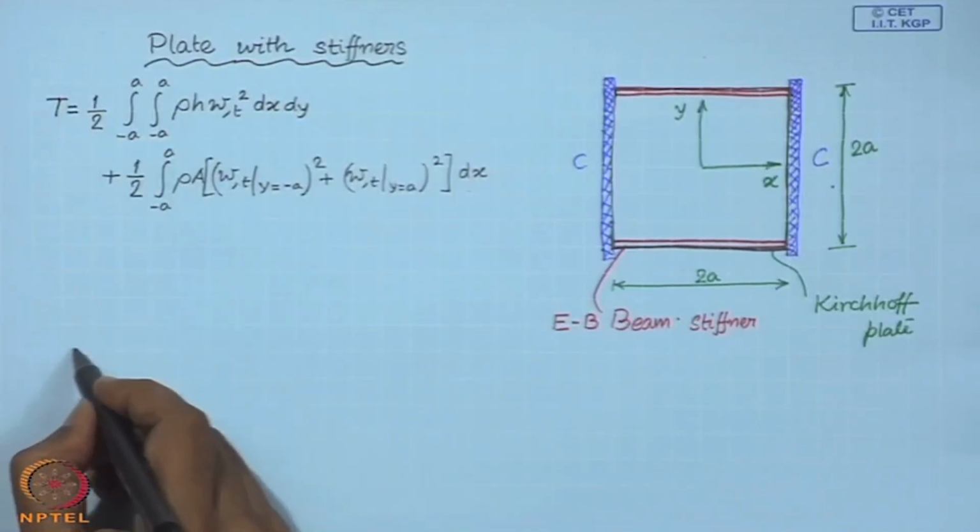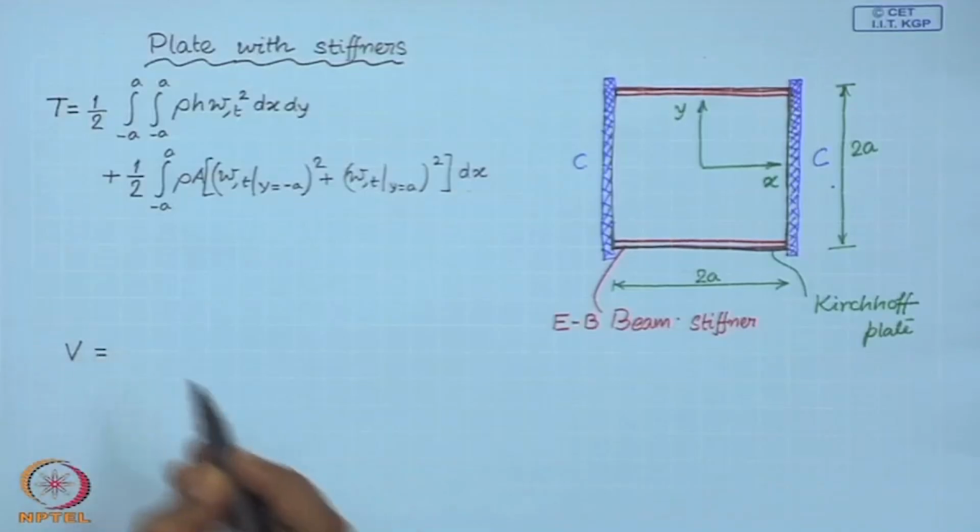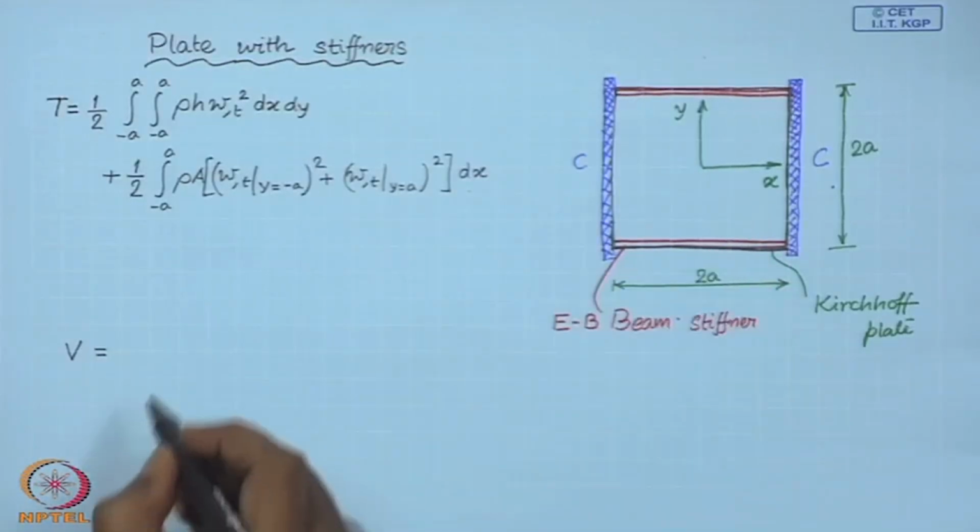Now, the potential energy again will be the sum of the potential energies in the plate and in the beams.